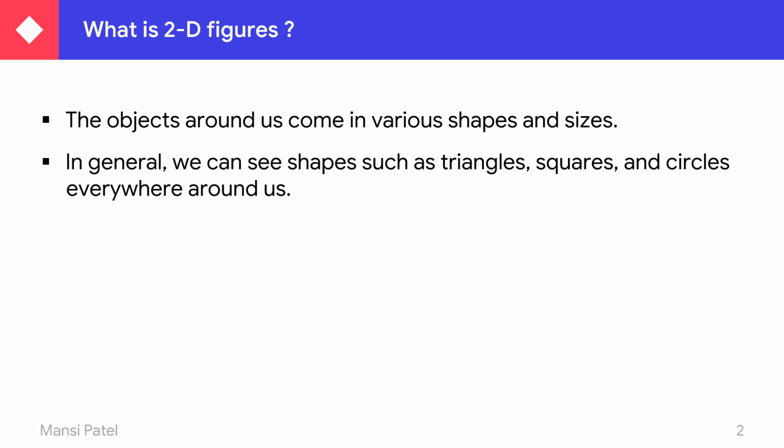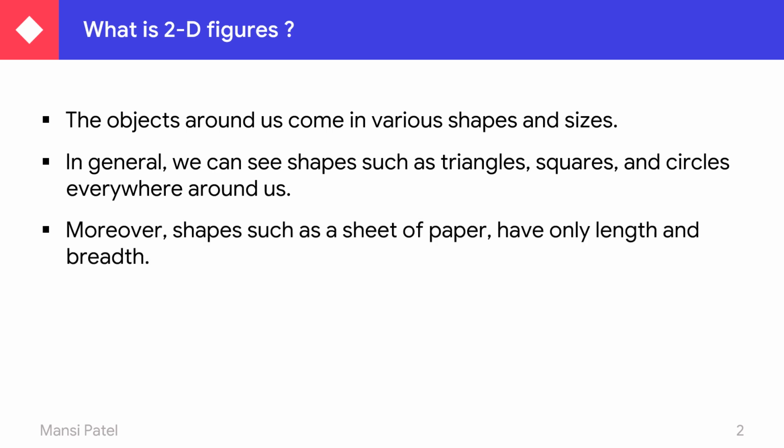In general, we can see shapes such as a triangle. Some objects have a triangle shape, some have a square, then circle, everywhere around us. Moreover, shapes such as a sheet of paper have only length and breadth.